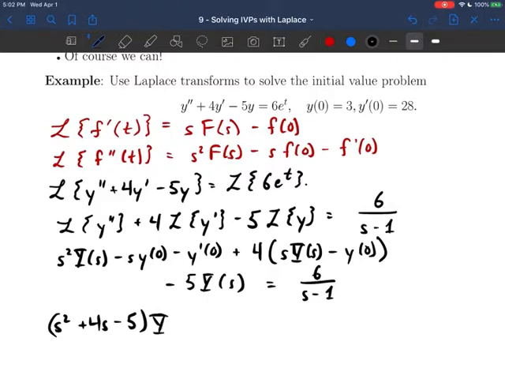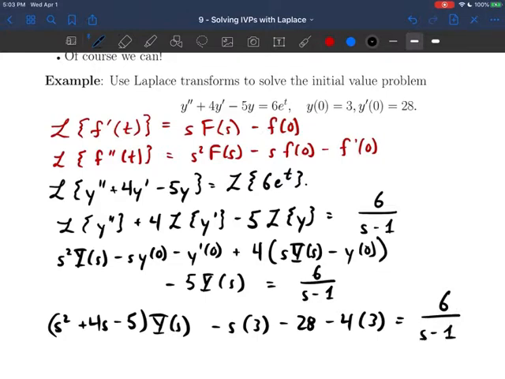We get s squared plus 4s minus 5 times capital Y of s. And then what do we have left over? We have minus s times 3 minus 28 minus 4 times 3. And that's it. And that equals 6 over s minus 1.